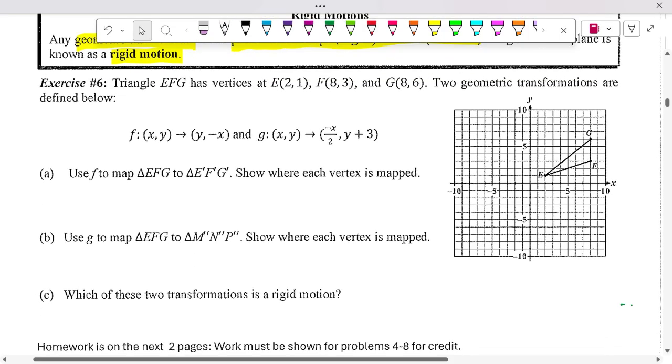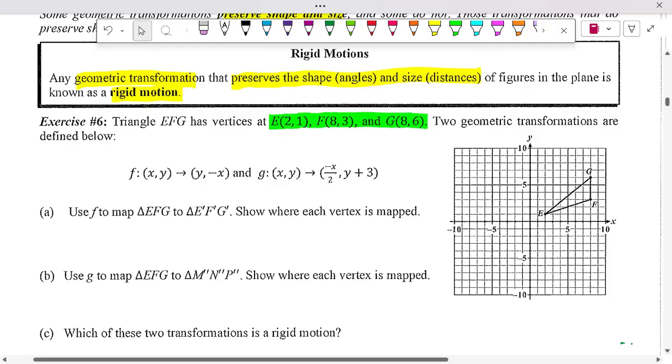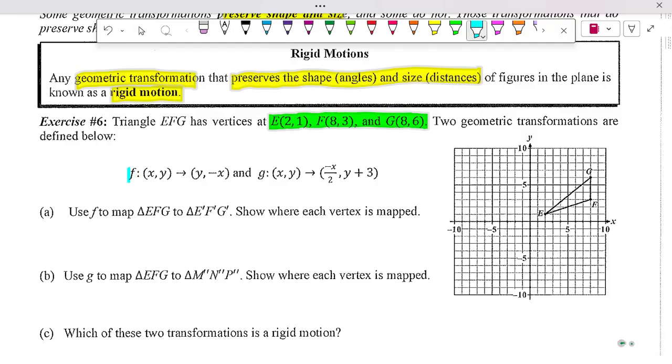So this last problem, they gave us 3 triangle vertices, so E, F, and G. They also gave us 2 arrow notations. So they gave us F and they gave us G. So 2 different arrow notations.